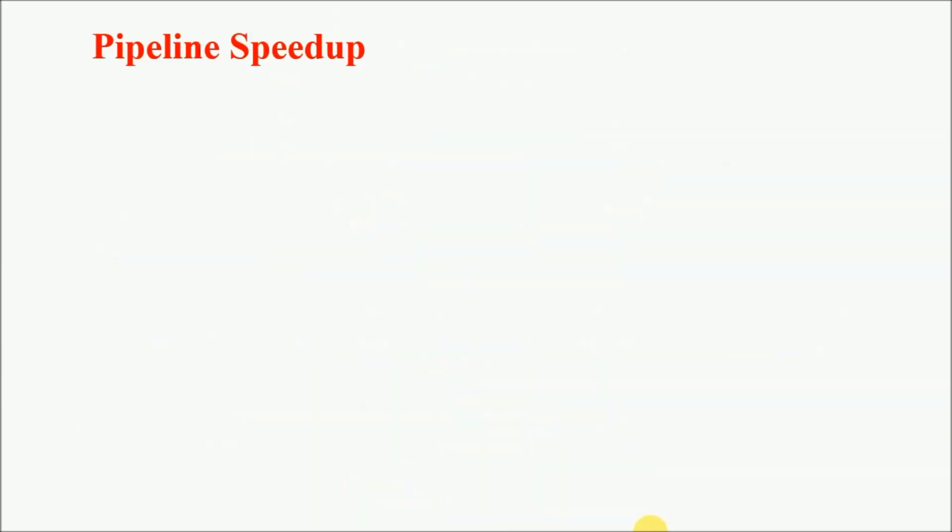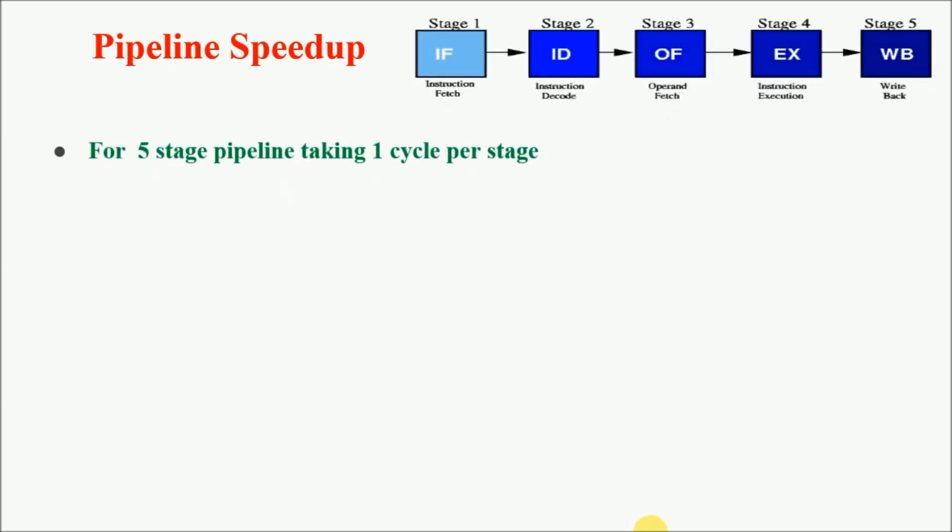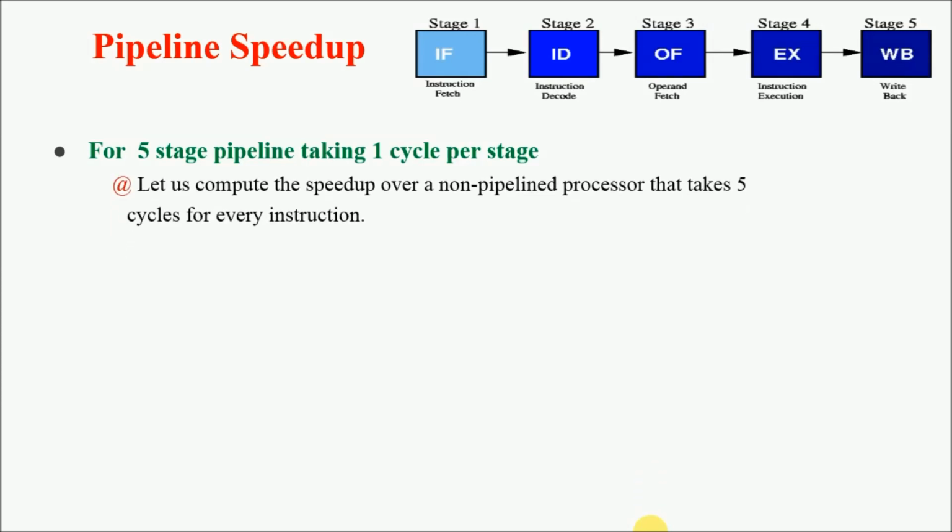So now let's see how we can calculate the speed up of the pipeline system. For a 5-stage pipeline taking 1 cycle per stage, let us compute the speed up over a non-pipeline procedure that takes 5 cycles for every instruction.